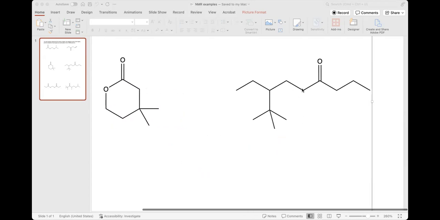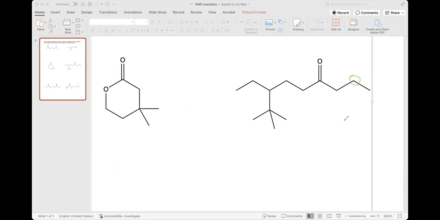Okay. If I look at this one on the right-hand side, I don't want to do the whole thing, but what I would like you to do is tell me this one that I just circled, what would the splitting of that signal be? Some sort of multiplet. Yeah, exactly right.